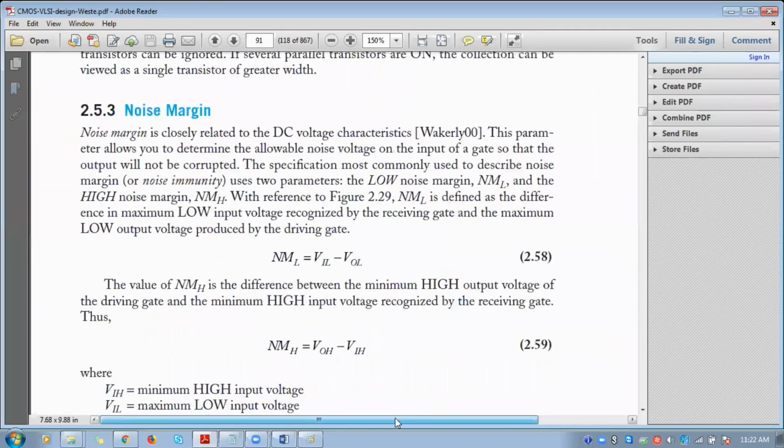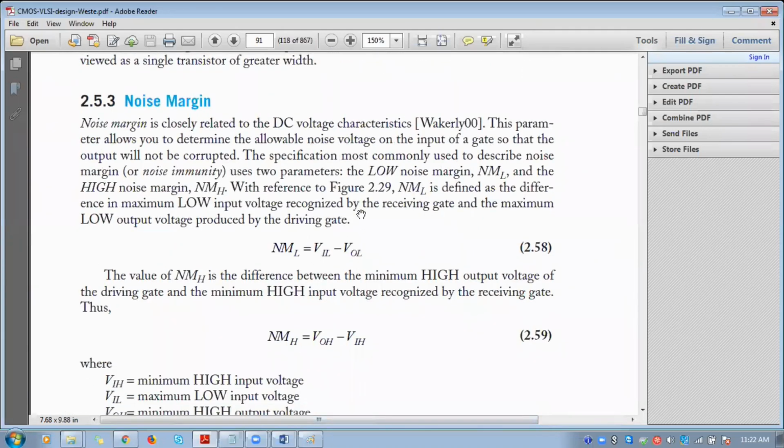Next one is noise margin. This is also a subtopic in DC transfer characteristics. Why we are analyzing noise margin is that in practical cases, unlike ideal cases, many external noises will be available in your system.